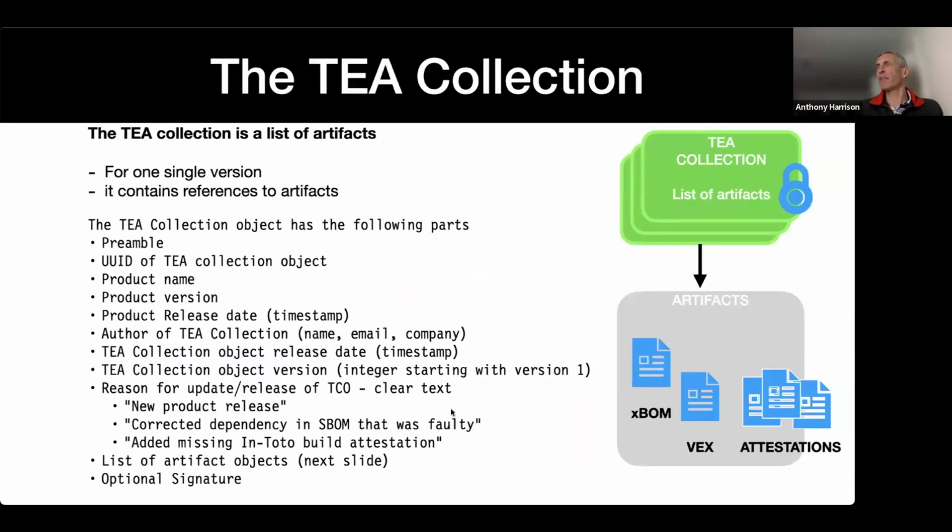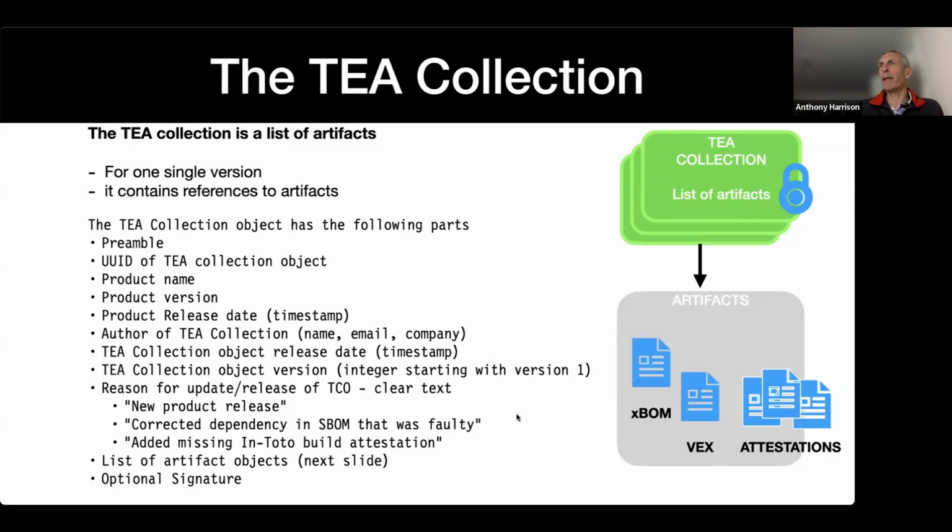And this is the sort of thing we're thinking about for the collection. Very similar to the leaf, so you can reference back to the leaf, but obviously then we're going to have a few more. Obviously this is where all the documents are, so we need to be able to list the artifact objects, which we'll talk about in the next slide. We also need to have a reference in terms of understanding why a particular release, or why the collection, is being updated.